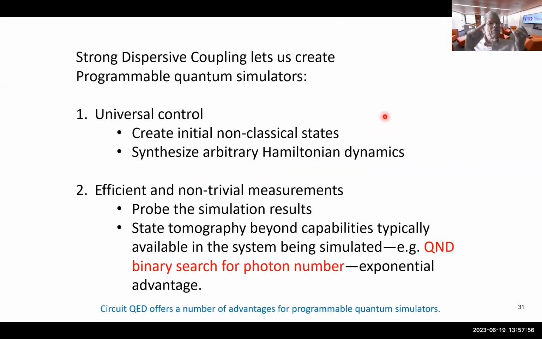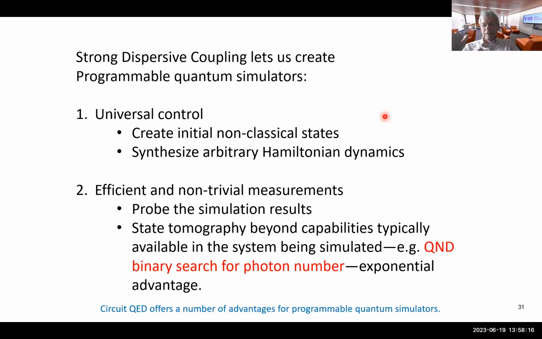Okay, so now we've learned how to measure the state of the qubit using a readout cavity, and then measure the state of a storage cavity, how many photons are in it, using a qubit, which is then read out by a readout cavity.